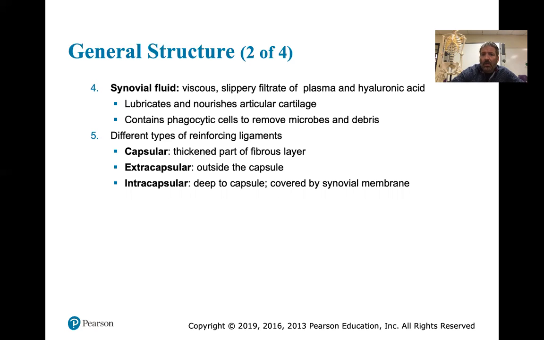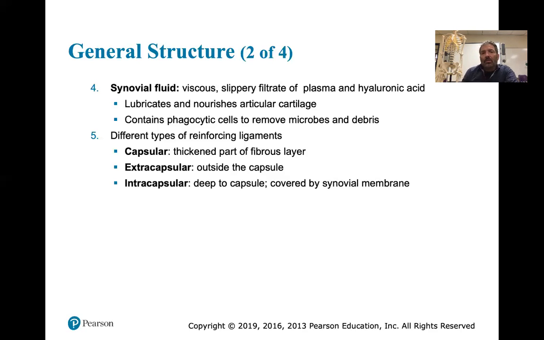So the filtrate of the plasma is going to be in the synovial fluid. It doesn't have a direct blood supply, so we have to get that plasma and hyaluronic acid through pressure gradients and motion. We have to push it through like pushing fluid out of a sponge, not quite that easily, but I want you to maybe think of it that way.